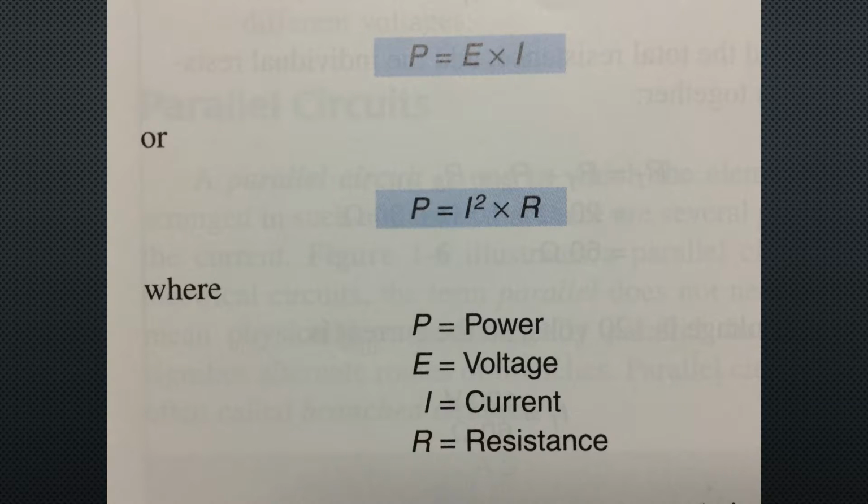Power is expressed mathematically as shown on the screen, where P, or power, equals E, or EMF, times I, or current, or power equals current squared times resistance.